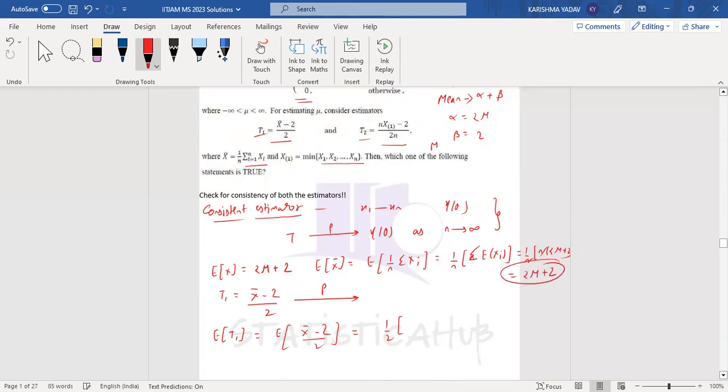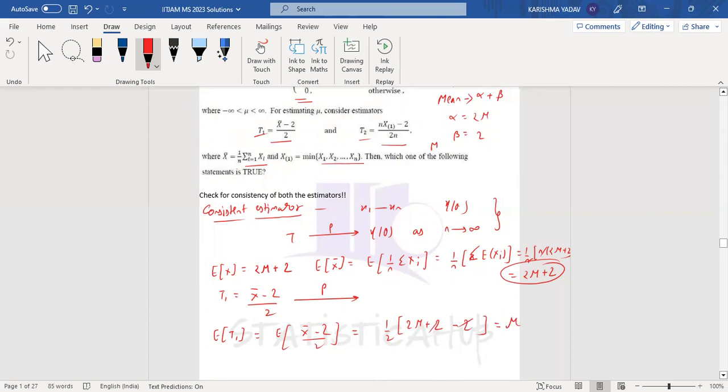You don't need to calculate this every time, because if you do more problems, it is understood that expectation of x and expectation of x bar remain the same. So expectation of x bar is 2 mu plus 2 and the 2 is subtracted, so this cancels out and we get expectation of T1 equal to mu.